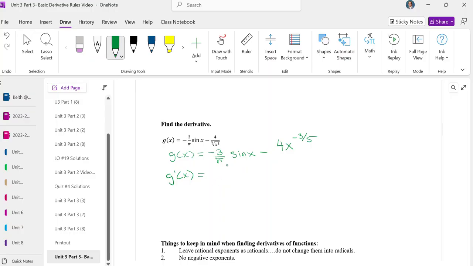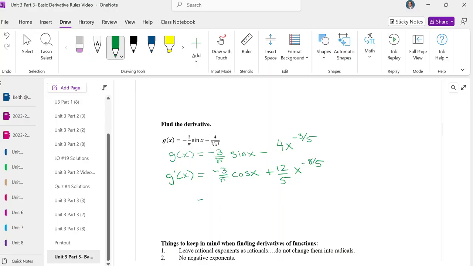Taking the derivative here, remember the derivative of sine is cosine, so it's just going to be -3/pi cosine x. The sign in front here doesn't change. Then -3/5 times -4 is positive 12/5 x to the -8/5.